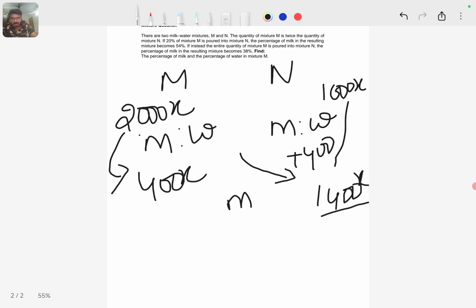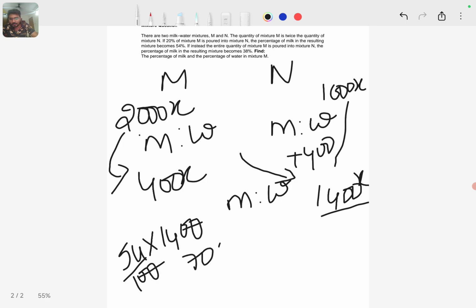So 54 by 100 into 1400. Two zeros cancel. 14 5s are 70, with one more zero, 700. 14 4s are 56. So 756x liters of milk is there after pouring 20% of mixture M into N.